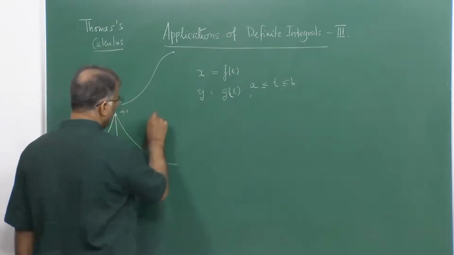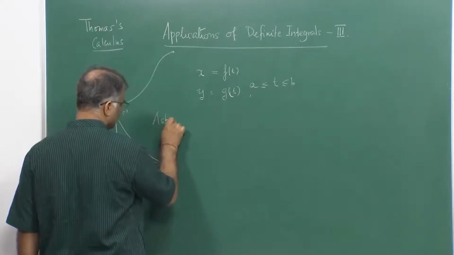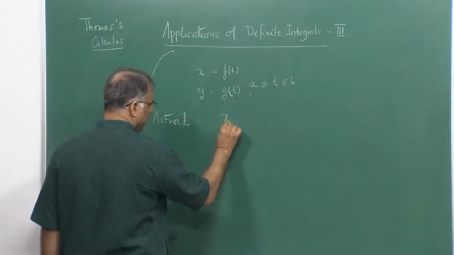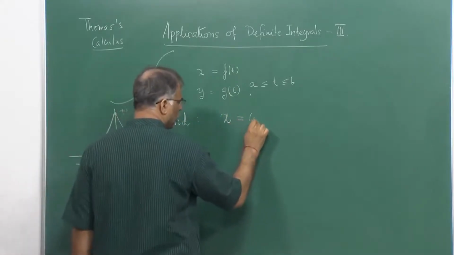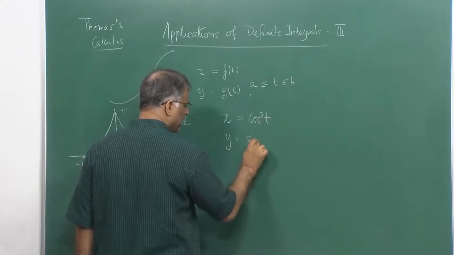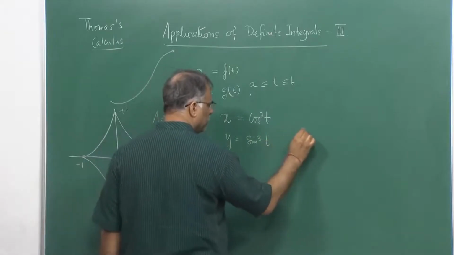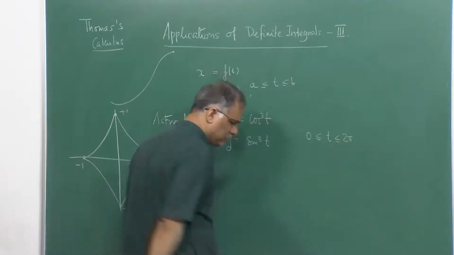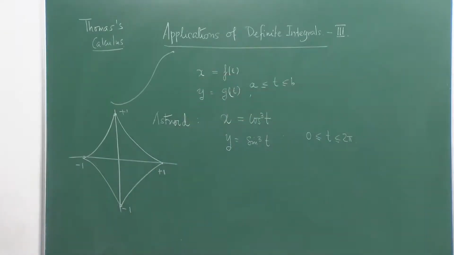This curve called an asteroid has the following representation: x equal to cos cube t and y equal to sin cube t, with t lying between 0 to 2 pi. So, you have maintained the same story like the circle with cos and sin as the component functions, and then you have cubed it.